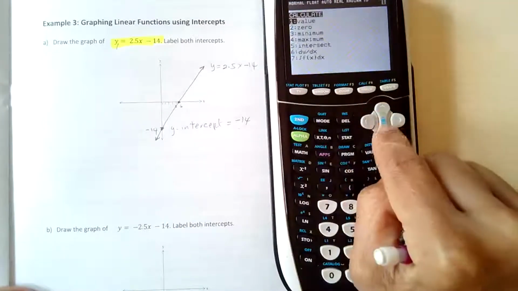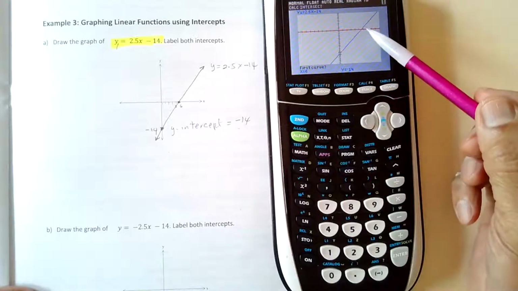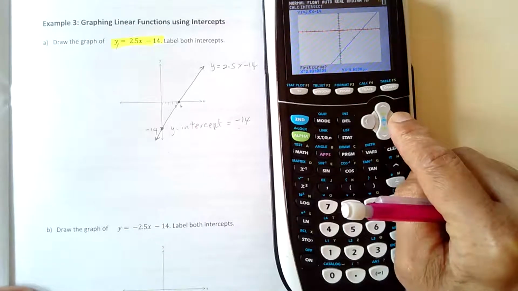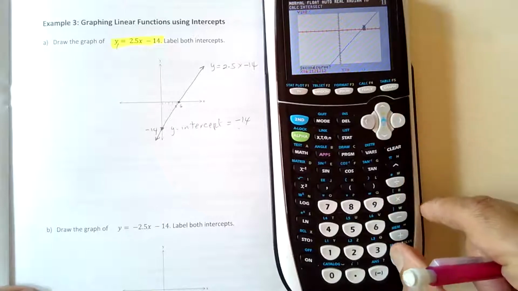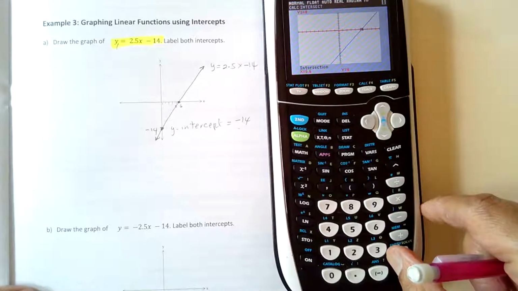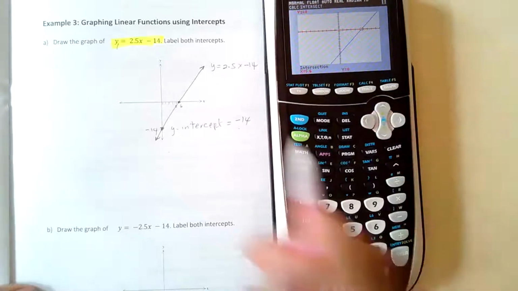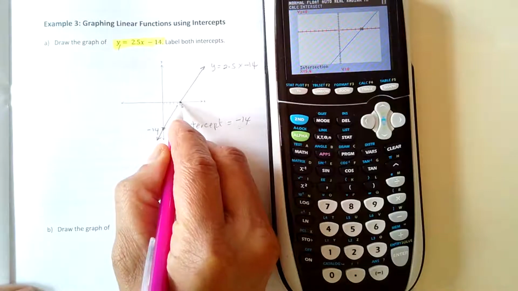Second trace, go down to intercept. Make sure I move that cursor closer to the x-axis. I'm going to press enter 3 times. 1, 2, 3. And there is your x-intercept, 5.6.